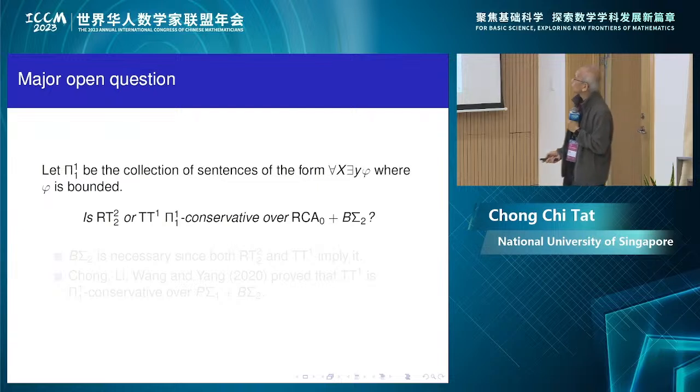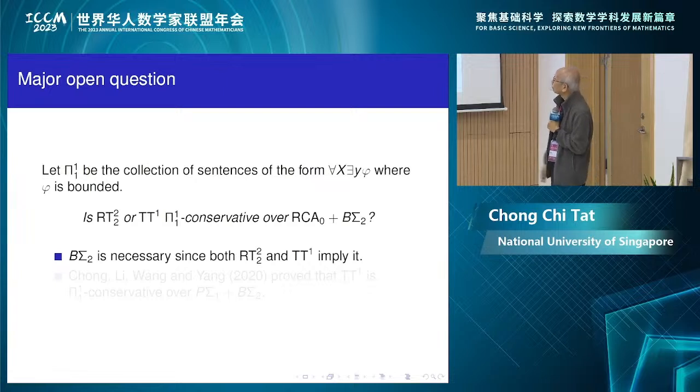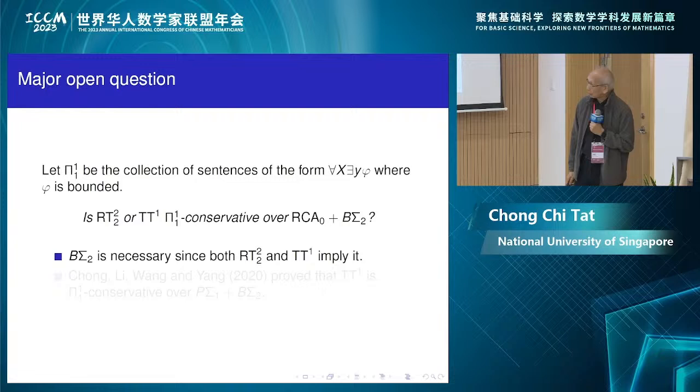Then the question is whether RT22 or TT1, whether any of these is Pi11 conservative over BSigma2.